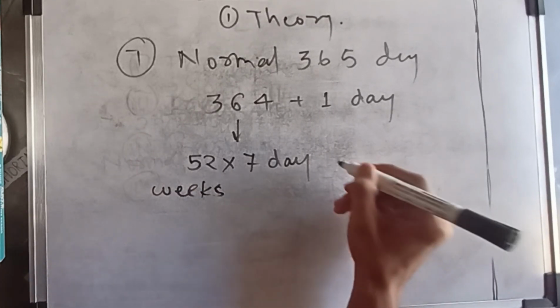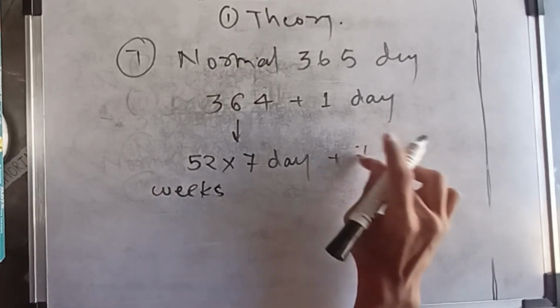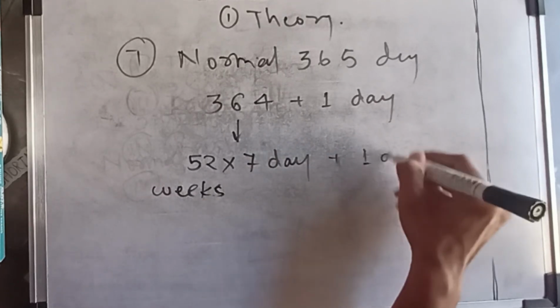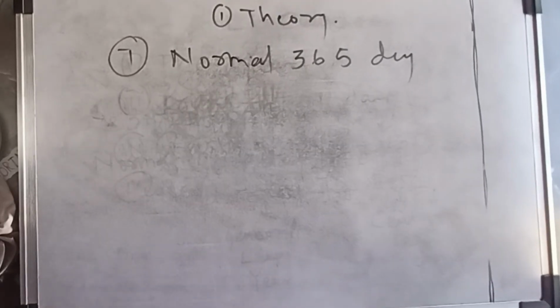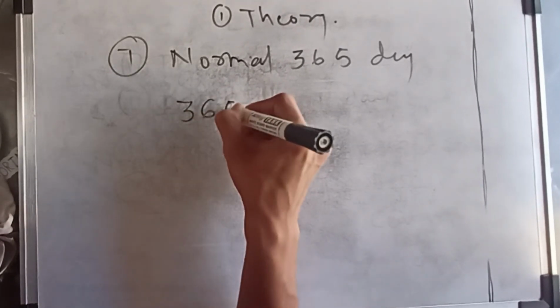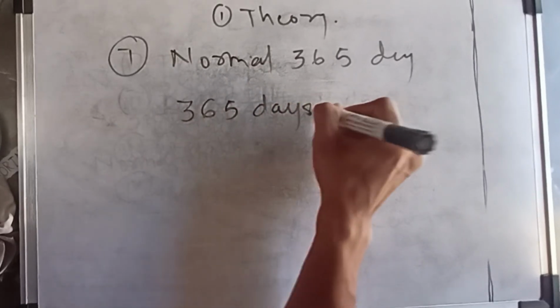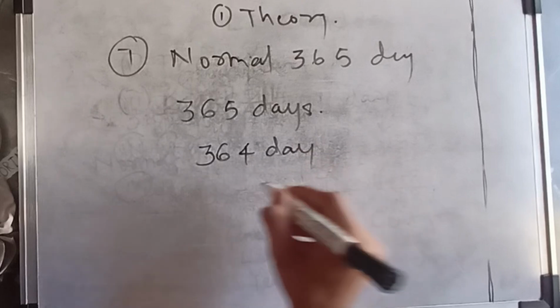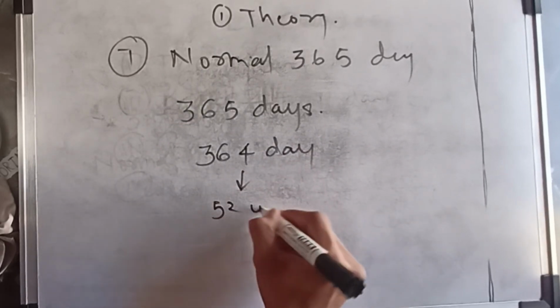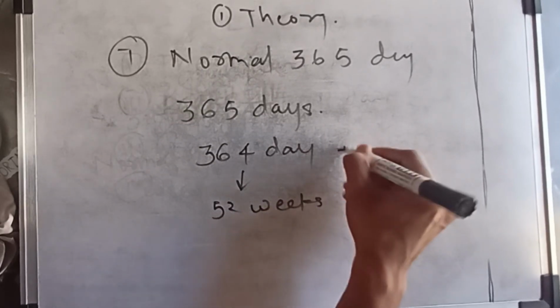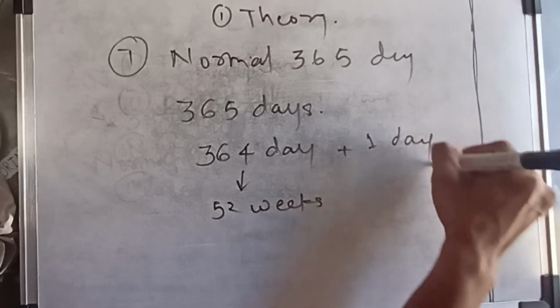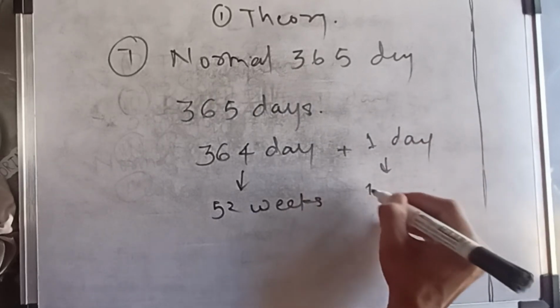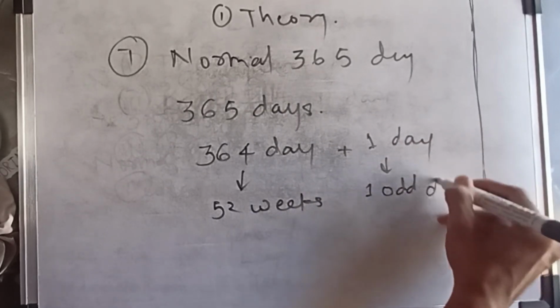So the 365 days are 364 days, which is 52 weeks, and 1 day, which we call one odd day.